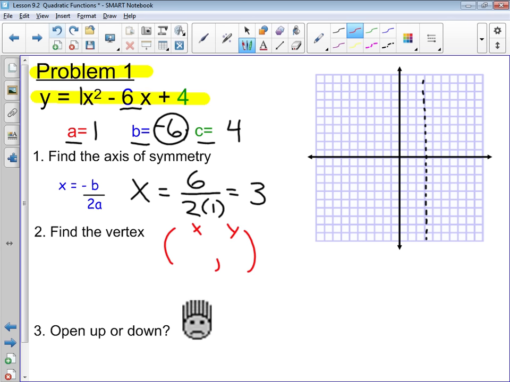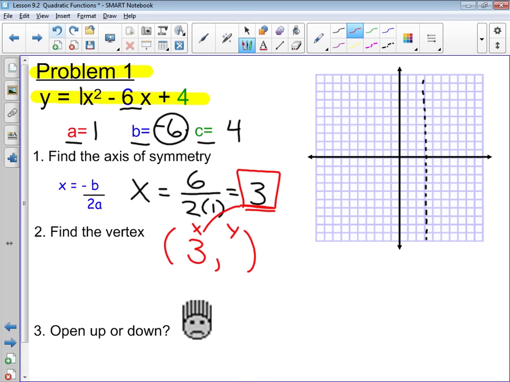Well, the vertex will always be on the axis of symmetry. So if you know the axis of symmetry is at x equals 3, then this is half of your vertex. That's the x value. One more time, if you know the vertex is on the axis of symmetry, then the x coordinate is going to be whatever number this equation is.